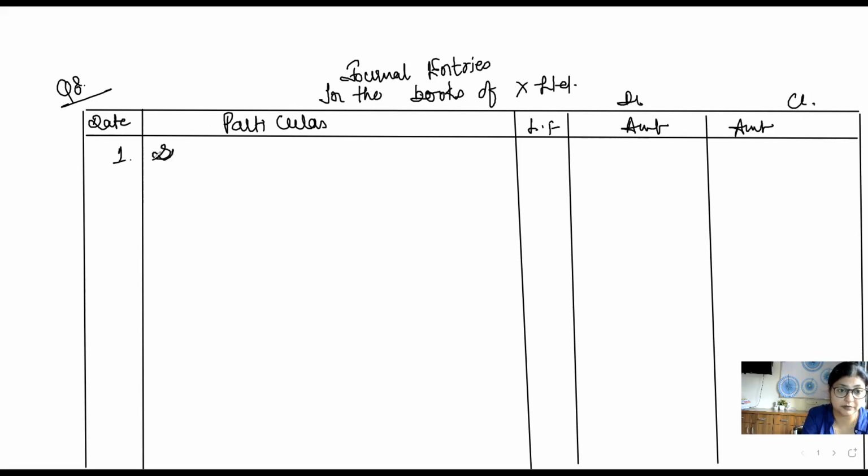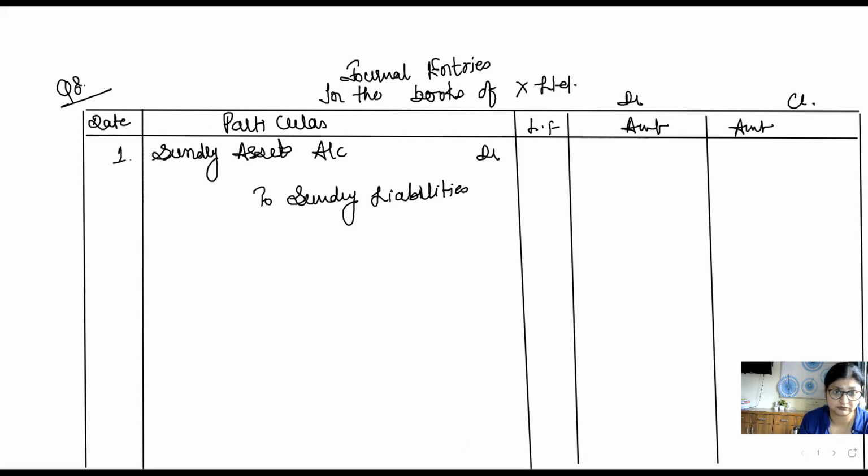So sundry assets account debit, to sundry liabilities, and the name of the vendor company is Y Limited, to Y Limited. 6,60,000 is the value of assets, liabilities are 80,000, and 6 lakh is the purchase consideration.